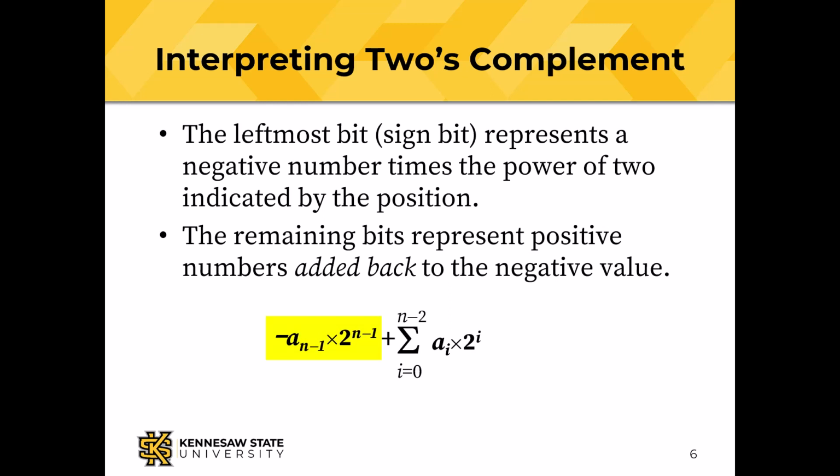I have minus a sub n minus 1 times 2 to the n minus 1 power. That will be the most significant bit. Then I'm going to add back, there's a plus sign there, the sum from i equals 0, and this time we go only to n minus 2, because we already used n minus 1. The sum from i equals 0 of a sub i times 2 to the i power.